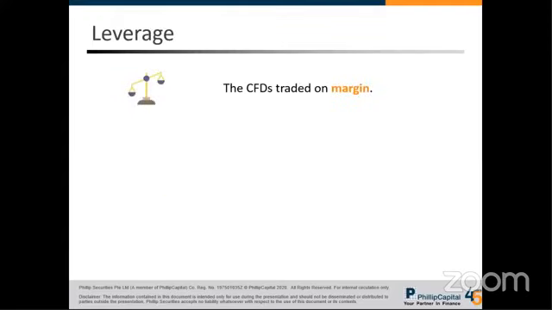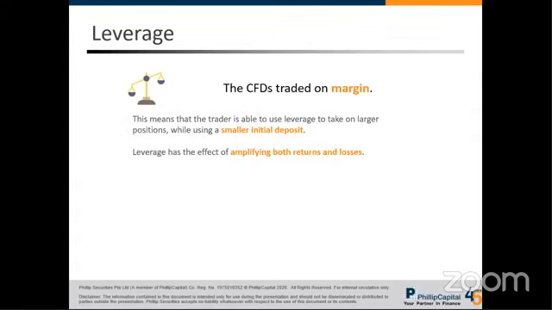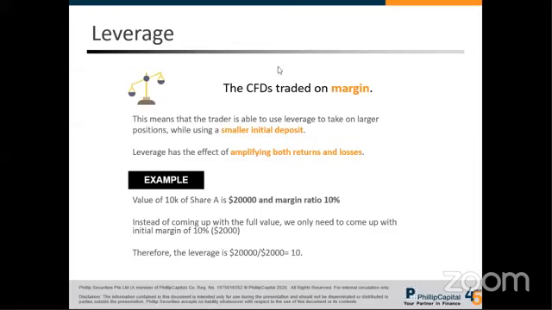So what is leverage? CFD are traded on margin, which means you can use a smaller deposit and take on a bigger position. But do think that leverage is always a double-edged sword. It can amplify your return, but also can amplify your loss. Let's say you are doing stock trading, 10K shares, and the share price is $2.